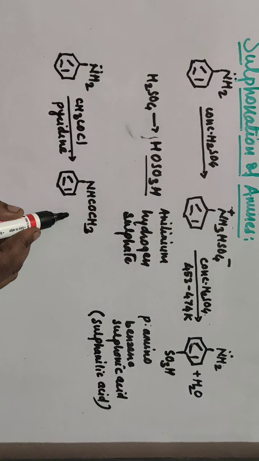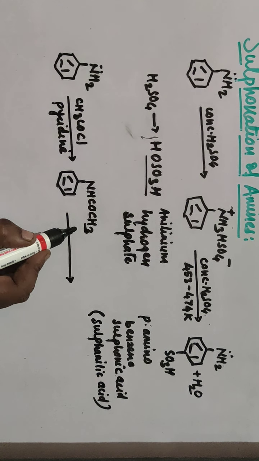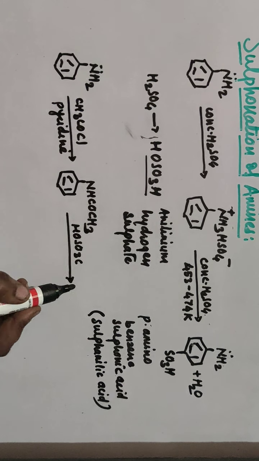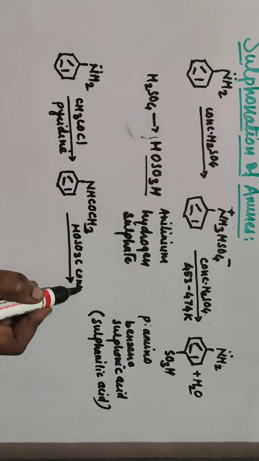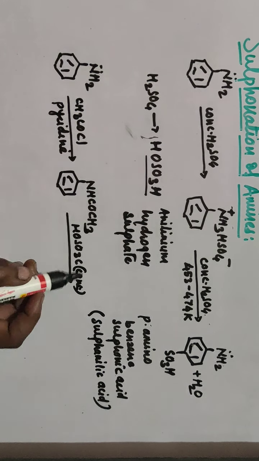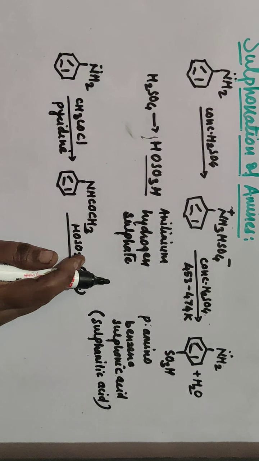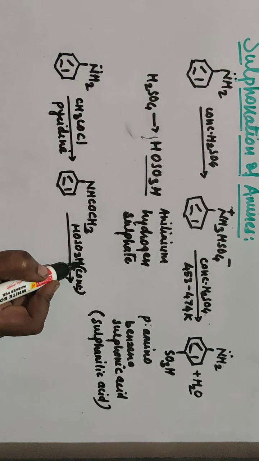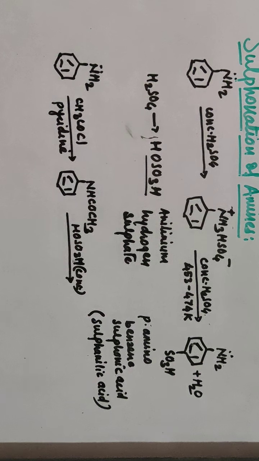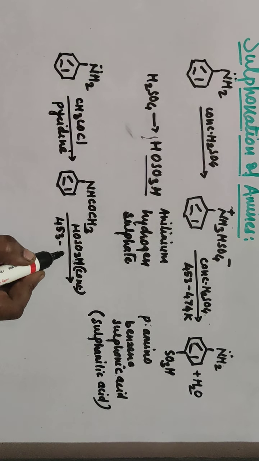And this compound, acetanilide, is treated with HOSO3H concentrated, that is your sulfuric acid, concentrated sulfuric acid. It is heated at about 453 to 474 Kelvin.